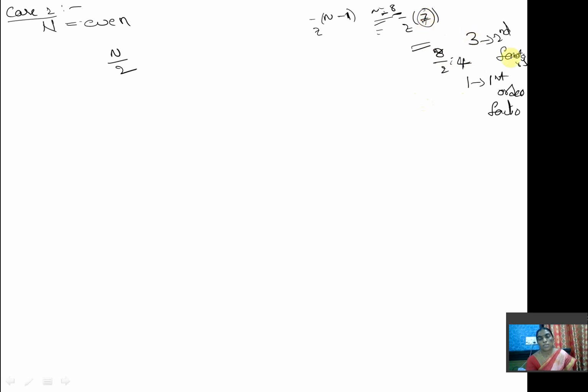That means 3 second order factors, 1 first order factor. In such a way, I have rewritten this H of z like this. See this.